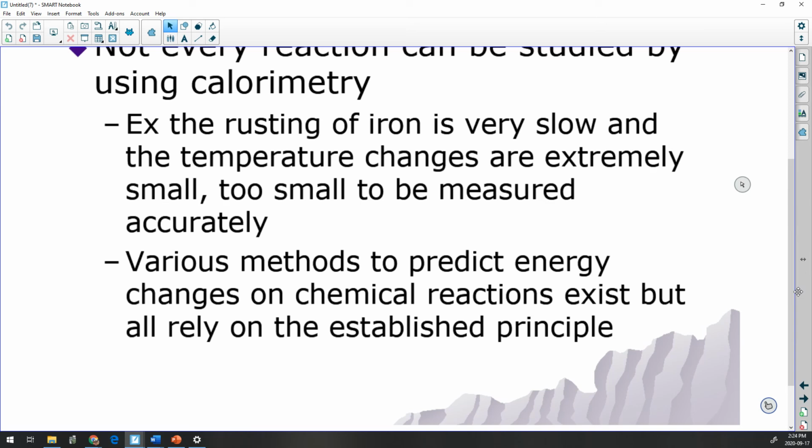But the overall energy change, whether we go from the reactants to the products right away, or we have to go through 19 stages, we still end up with the same amount of energy given off or absorbed. Okay, so that's the principle that we're going to be using.